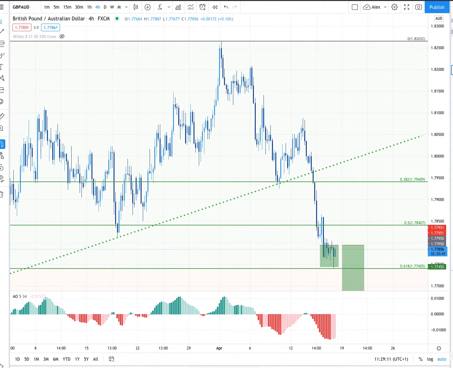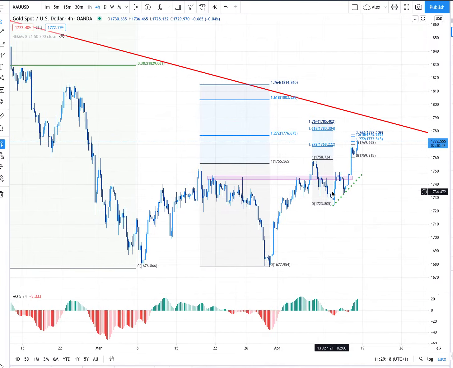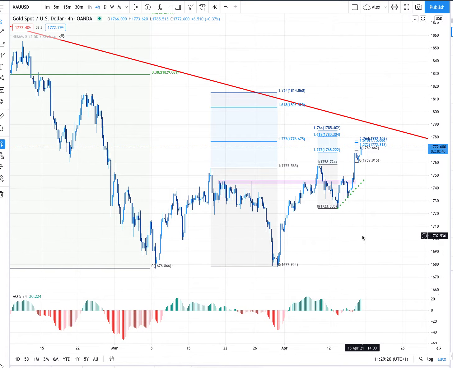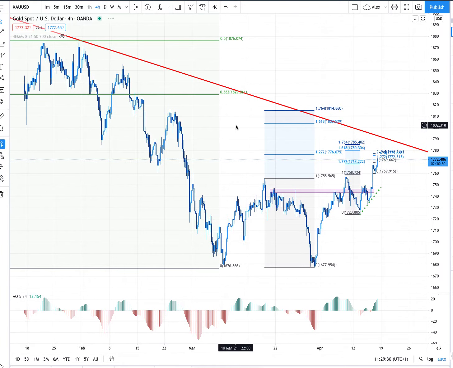Quickly moving to gold. Well, there's a bit of tension between Russia and America right now, so we see gold rallying. There appears to be a bit of a hedge into the weekend with gold, which is good. So we're seeing that bullish momentum. Got some key levels. Ultimately, if it does keep climbing, we're going to see how it reacts at that major trend line on the higher time frames.